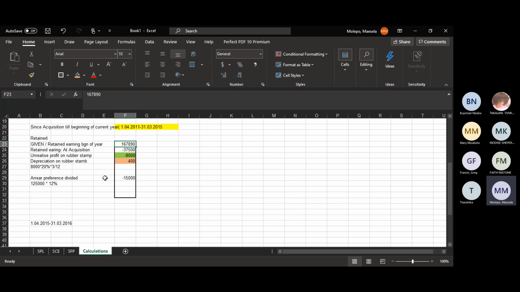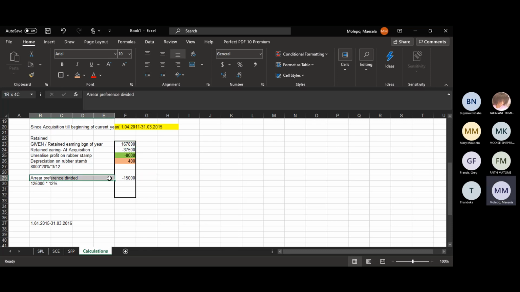But since they said they have the arrear preference dividends, we can assume that they didn't have enough profit. So this 167 came as a result of the prior year's accumulated profits. So remember, we only want to declare the preference dividend from the profit itself, not from the total accumulated profit we have. We want to declare from the current year profit itself.